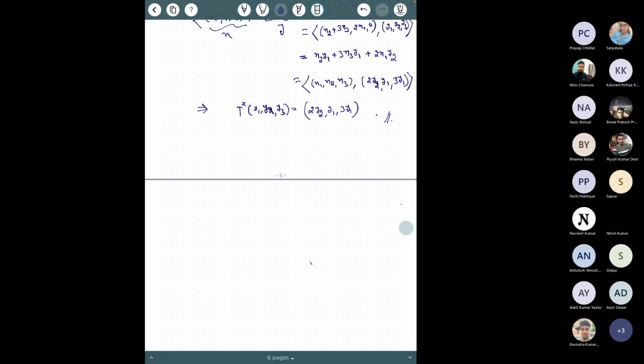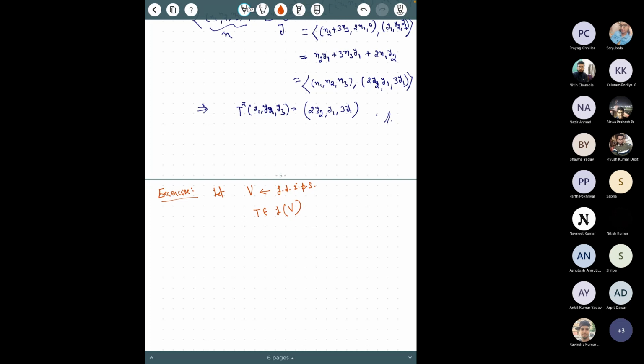All right, so let me write the next observation, or let us prove this together. This is an exercise. Suppose we have a finite dimensional inner product space, and suppose T is a linear operator this way.